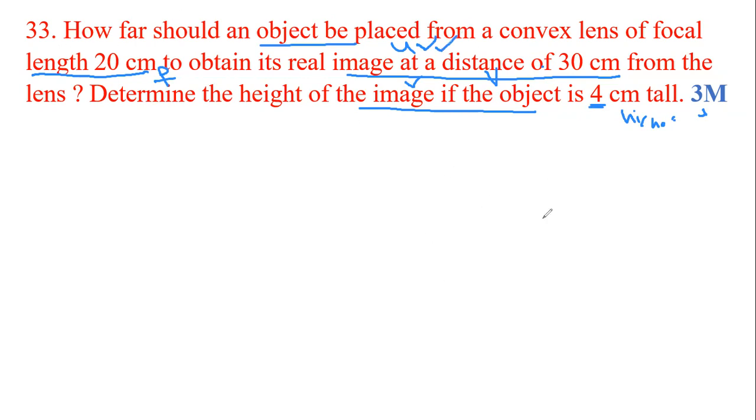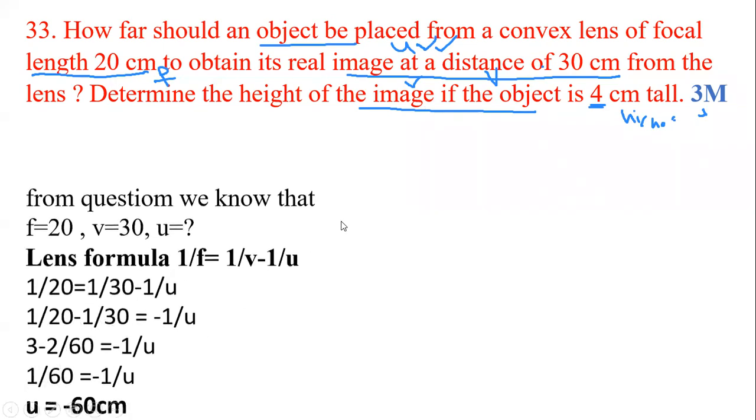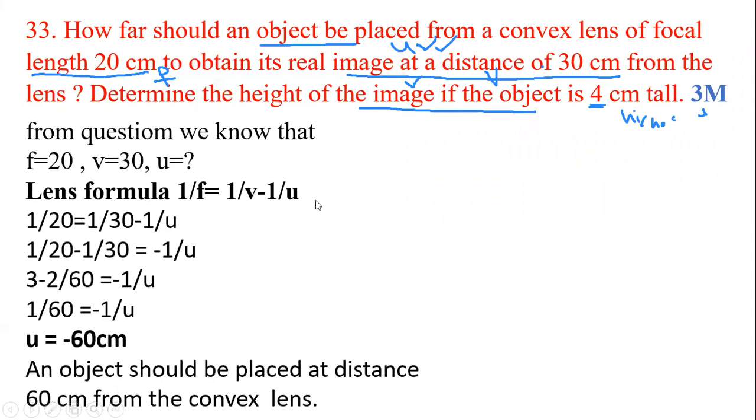Let's see the formula. What is the lens formula? You know that formula. We can take 1 by F is equal to 1 by V minus 1 by U. Remember the formula. Just substitute all the values.